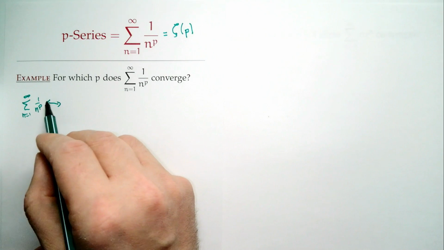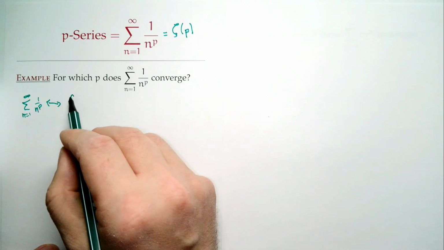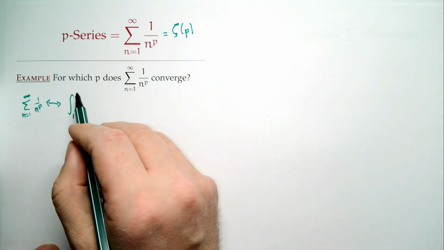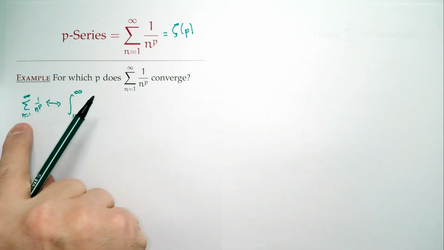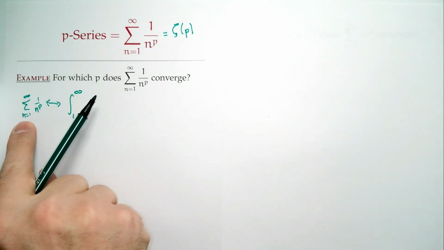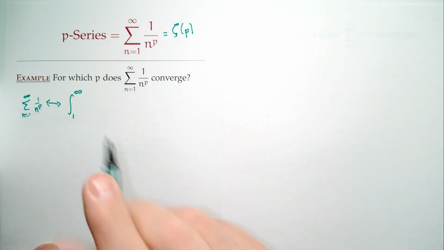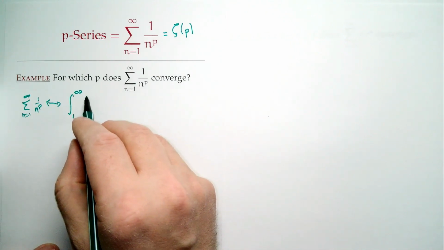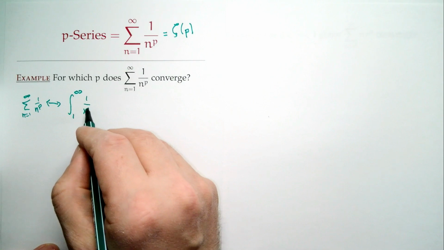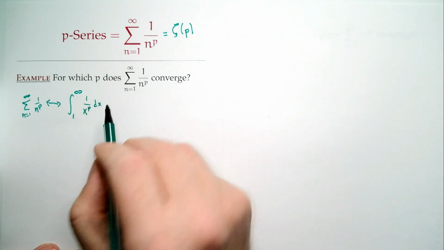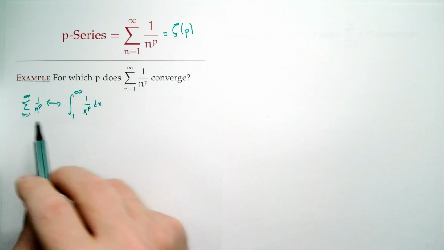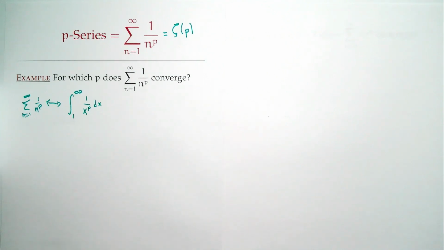We need to ask ourselves the question, when does the integral from 1 to infinity of, what's our function? Well, n is our index, so n is becoming our x. So it's 1 over x to the power p dx. If I want to know when this sum converges, I ask when this integral converges.